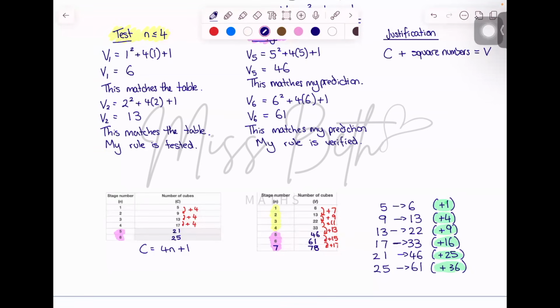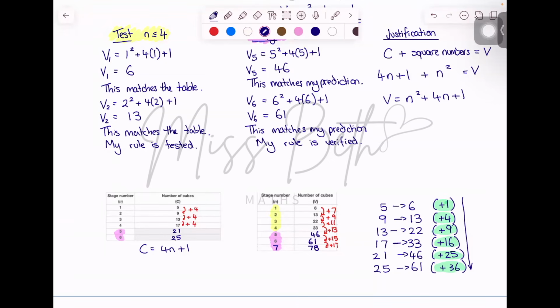Now, of course, we need to put all of that together. Our formula for C was 4n plus 1. And if we created a rule for the sequence of square numbers, it would just be n squared, wouldn't it? Which equals V. Now, of course, you can see if you rearrange that, that is the rule that we got in the first place.